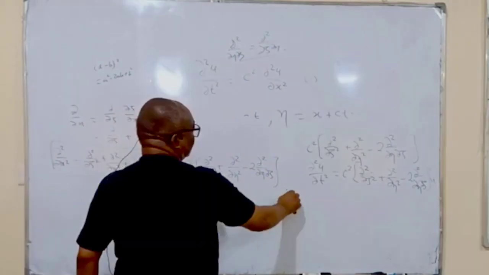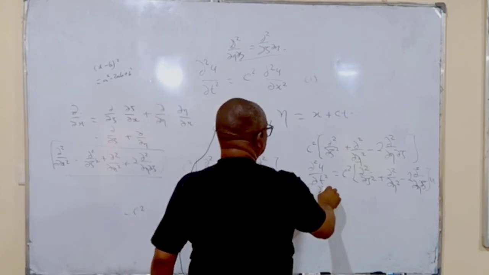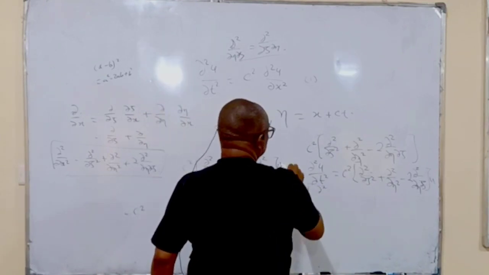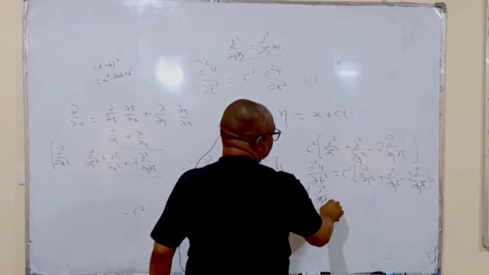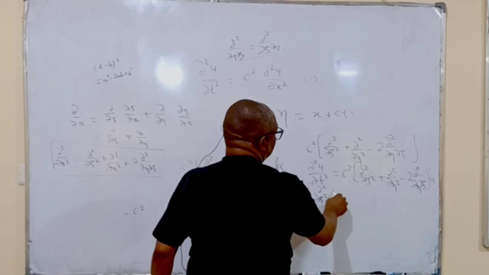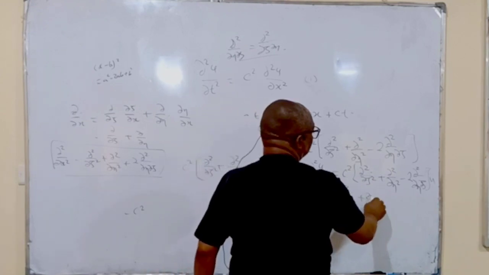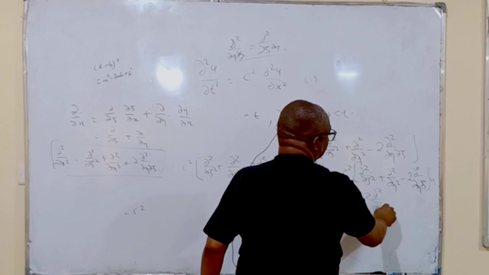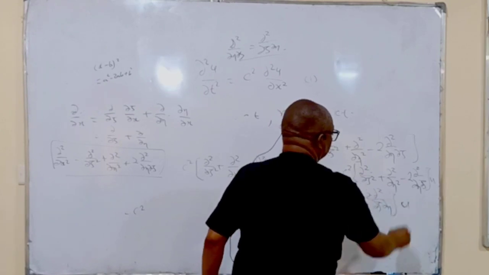So that's equal to c squared into partial 2, well, operating on u, of partial ξ squared plus partial 2 by partial η squared plus 2 partial ξ partial η operating on u.